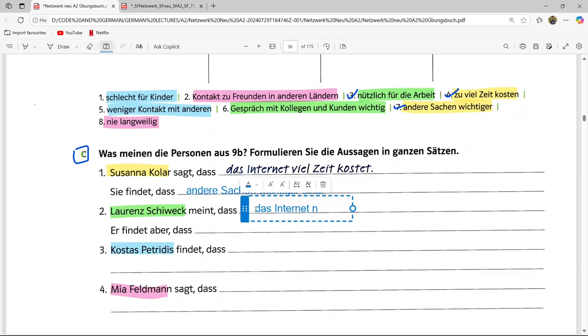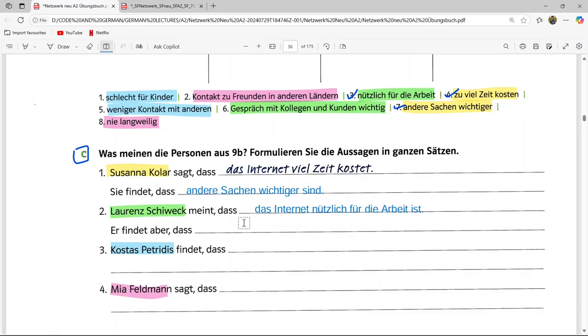So Internet nützlich für die Arbeit, and now the verb ist. Okay, that Internet is important for the work.